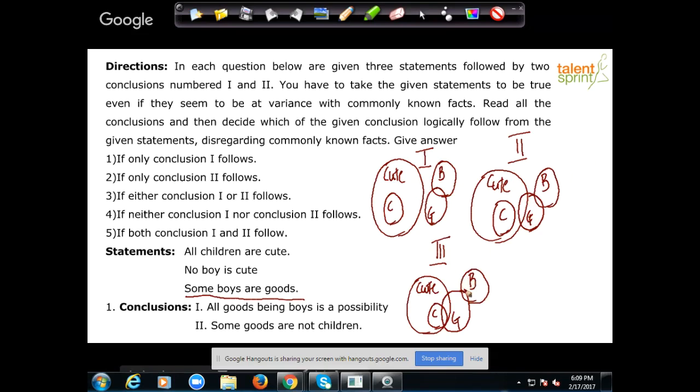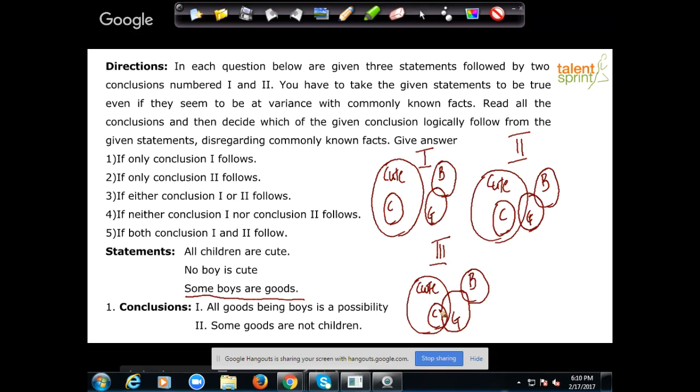In the third situation, if you notice, goods here is sharing something in common with boys, cute and children. So we must remember most of us have a common tendency of only drawing one diagram and trying to analyze the syllogism by it. But no, there may be cases like this question where a multiple number of situations may be possible, and we have to analyze all those before we answer our question.